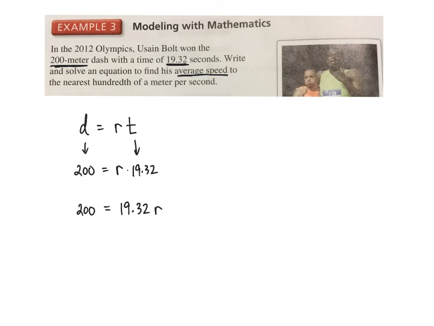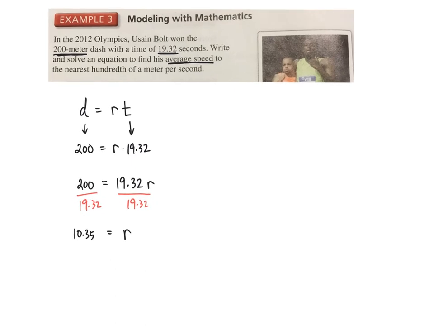So the way we solve this is we divide both sides by 19.32. If you work this out, you'd have to use a calculator for this one. It works out to be about 10.35. So the answer of what his average speed is: the rate is approximately 10.35 meters per second.